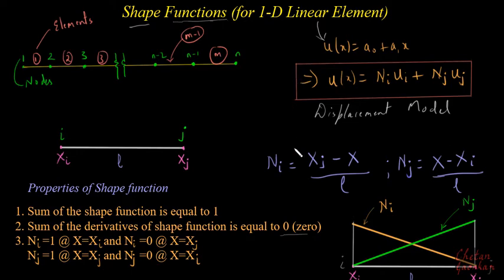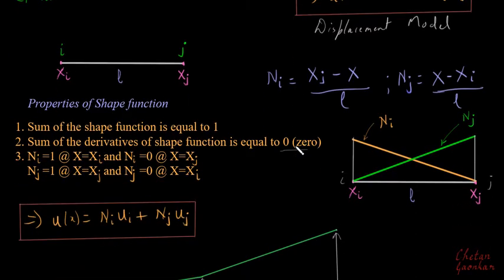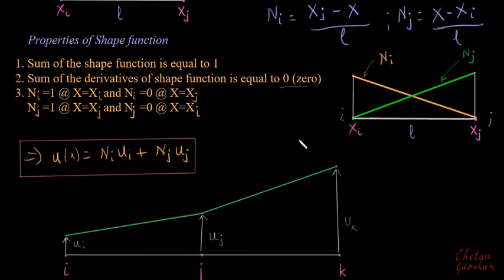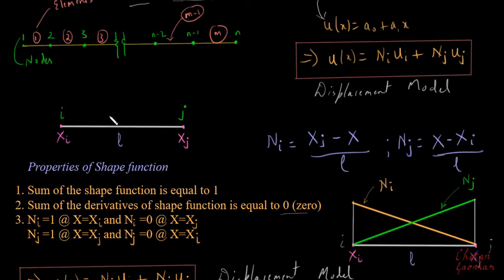We had derived this in detail, and then again I just want to discuss this displacement model in a bit. So if I plot this displacement model over the element, now here we had considered only one typical element.